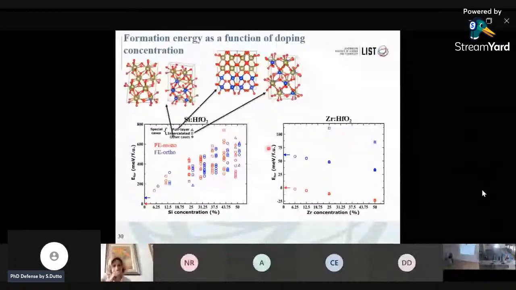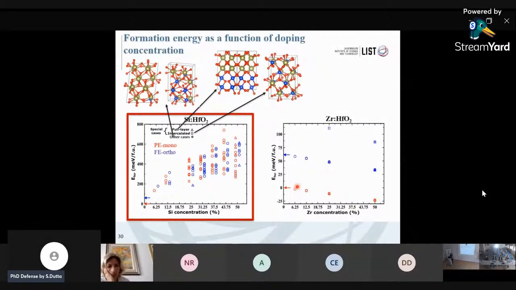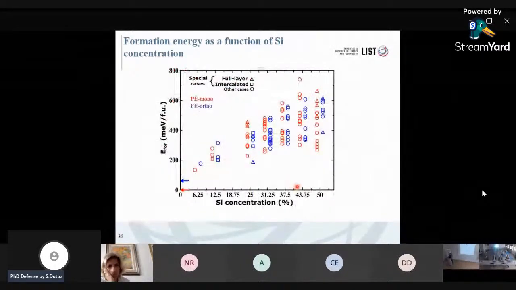Another important fact is that here these two phases are really competing with each other and occupying the same energy range. But here, as you can see, throughout the doping concentration range, the paraelectric state dominates.